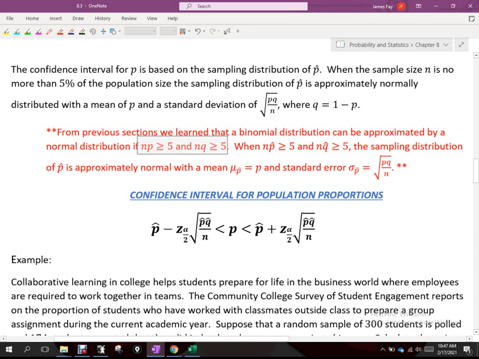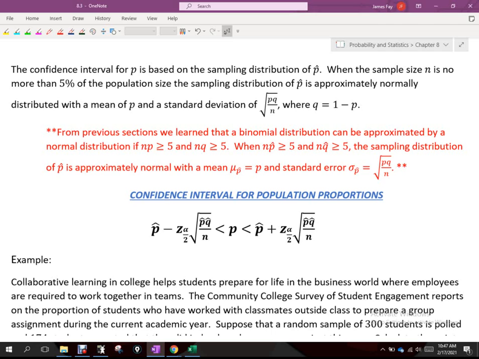If both those conditions are met, then we can say this distribution is approximately normal, and so close to being normal that we'll use the normal distribution to figure out this interval.